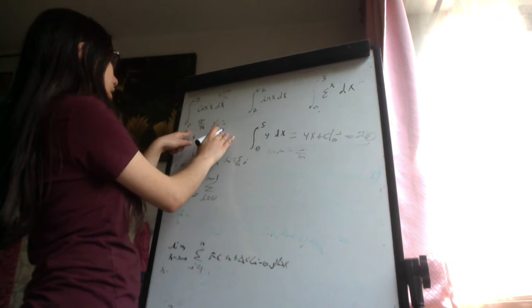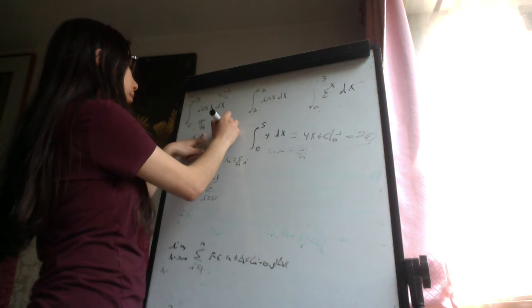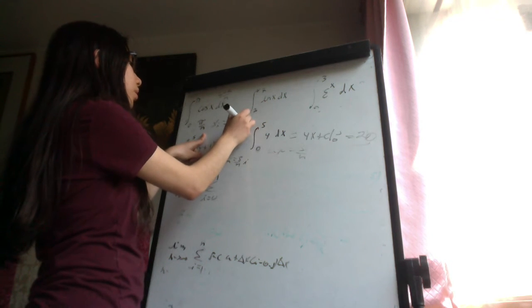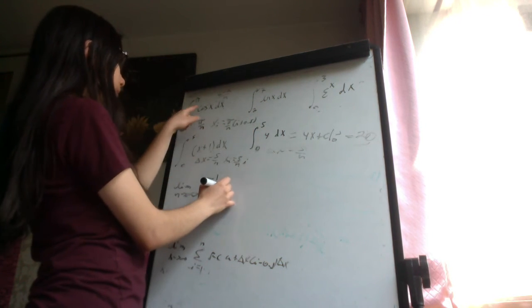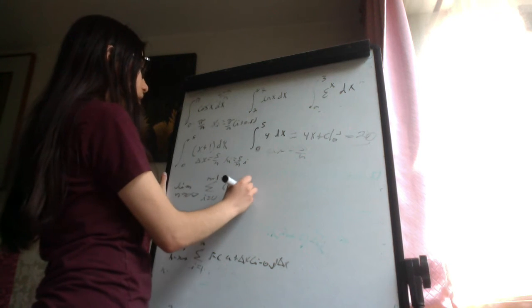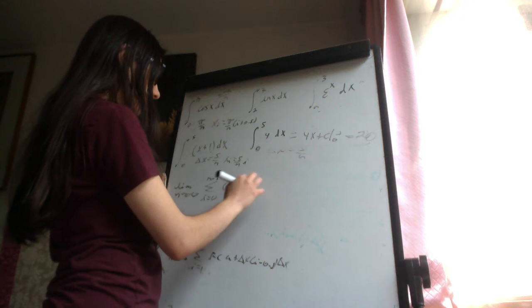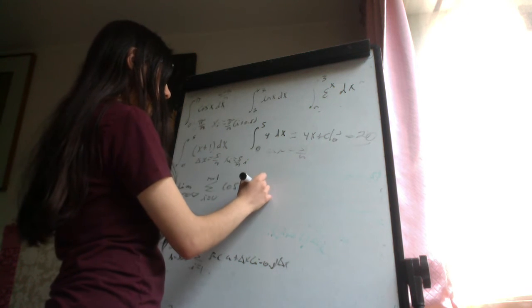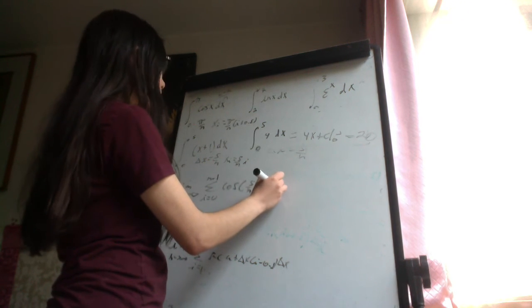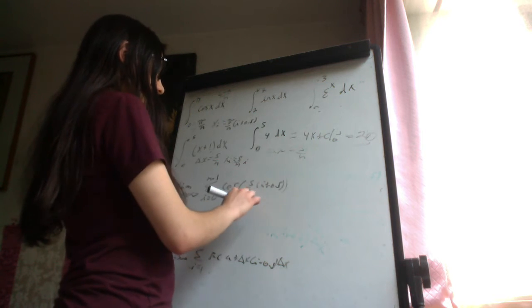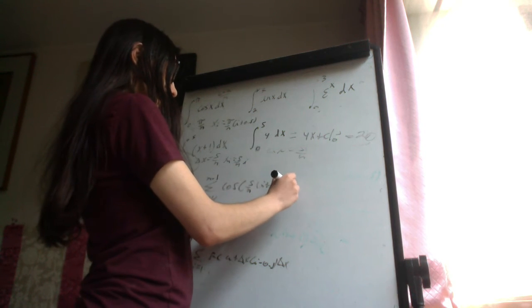This will be 0 plus pi over n times i plus 0.5. So f of this would be cosine of pi over n times i plus 0.5, times delta x, that's pi over n.